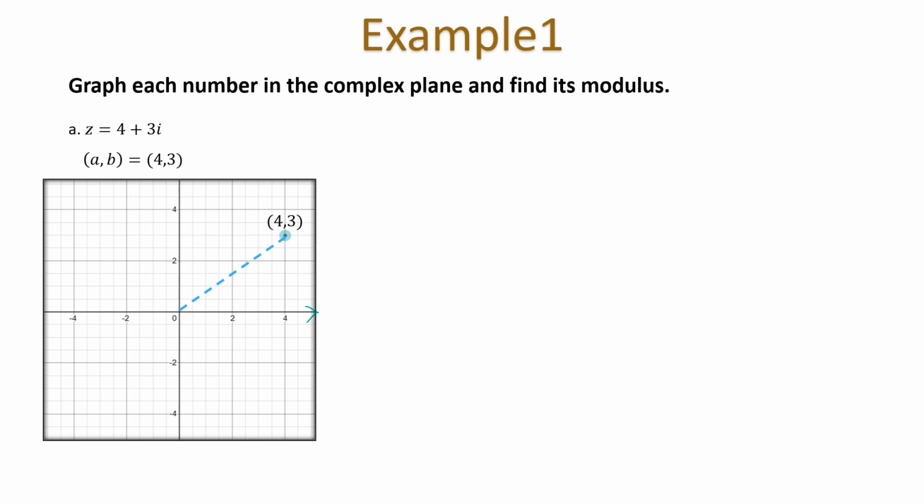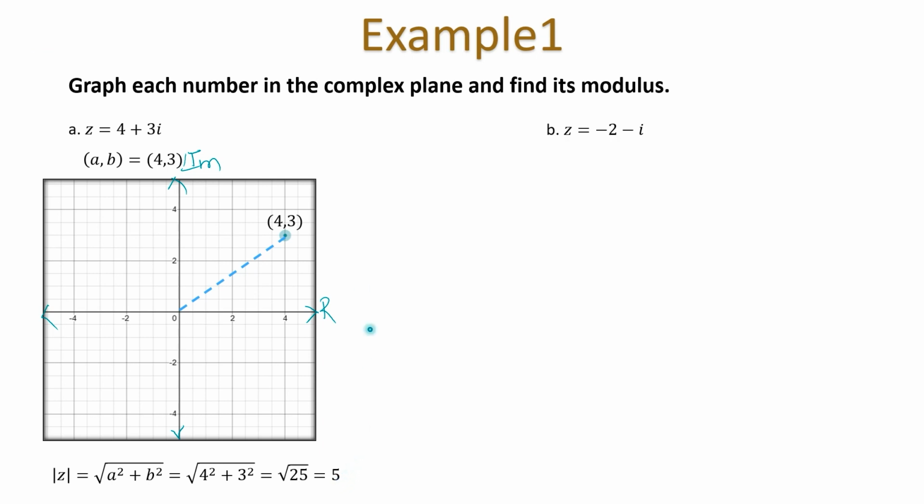This is the real axis and this is the imaginary axis. And we plot our point (4, 3). To find the absolute value, we use the Pythagoras theorem and substitute the values of a and b. So square root of a squared plus b squared on simplification gives us 5.